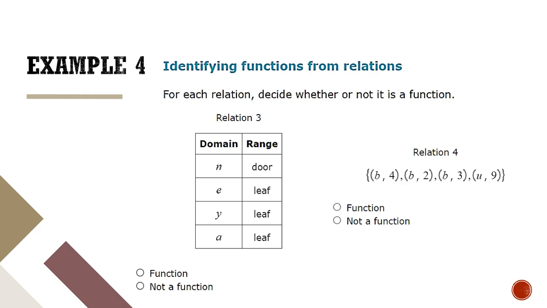I like to again draw arrows. So n goes to a door, E goes to a leaf, Y goes to a leaf, and A goes to a leaf. A big giveaway, these are all different, so that is kind of a good check mark in my mind. The y values can have multiple different answers. And just think about this graphically.